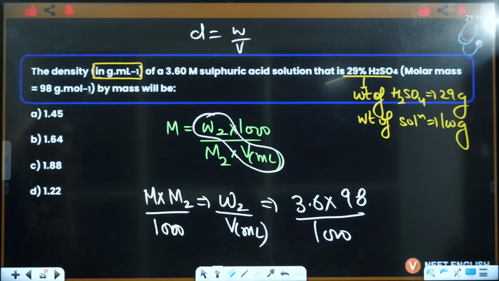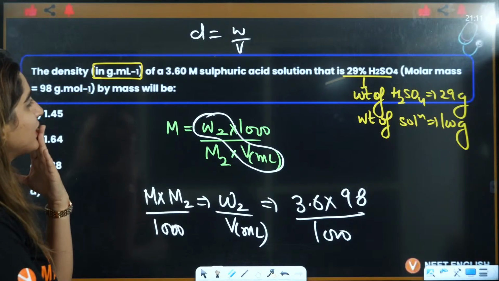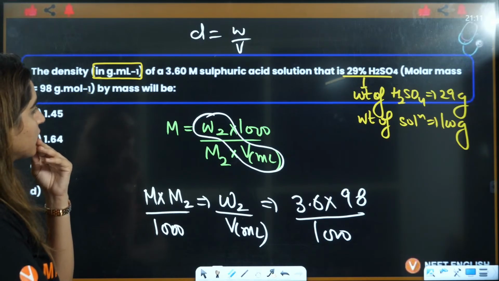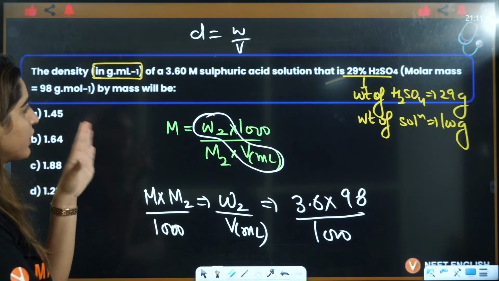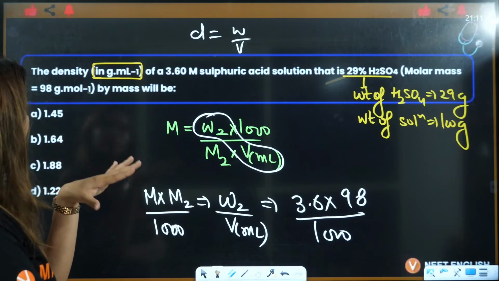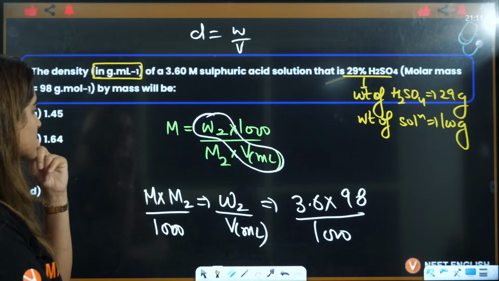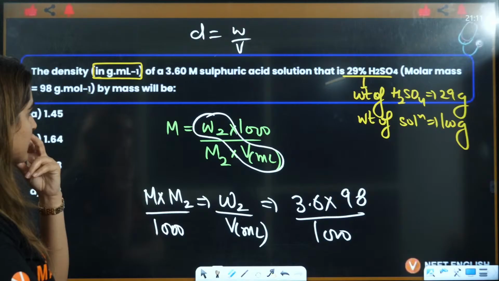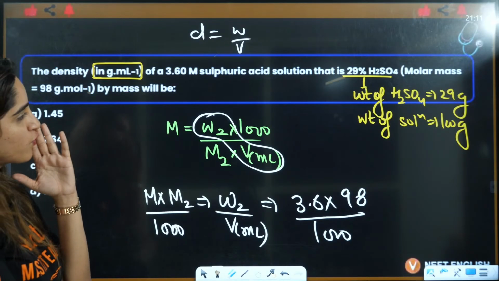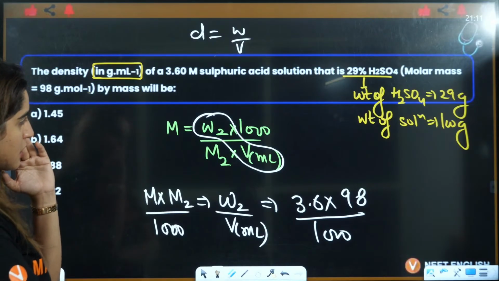The density of this much molar sulfuric acid, that is 29%. Weight of solute is that, right? 29% by mass is this. So now let's, 29% means weight of H2SO4 is that, weight of solution is 100 grams, right?